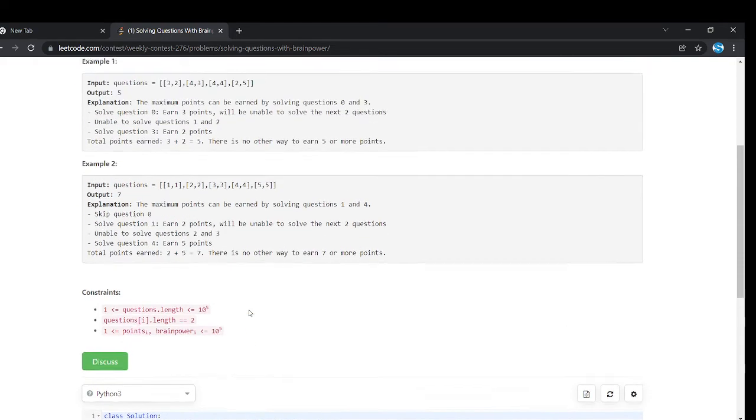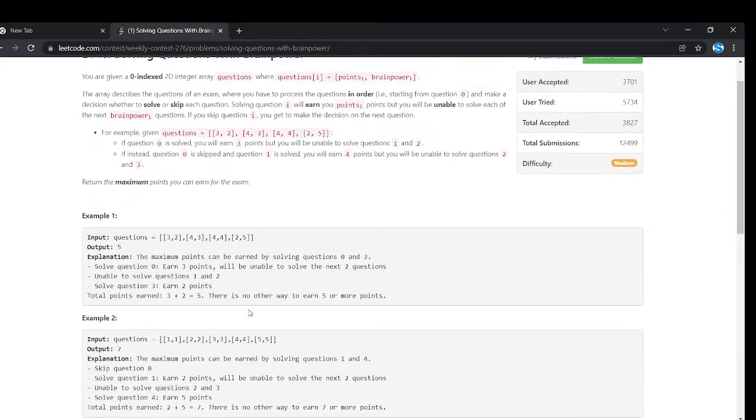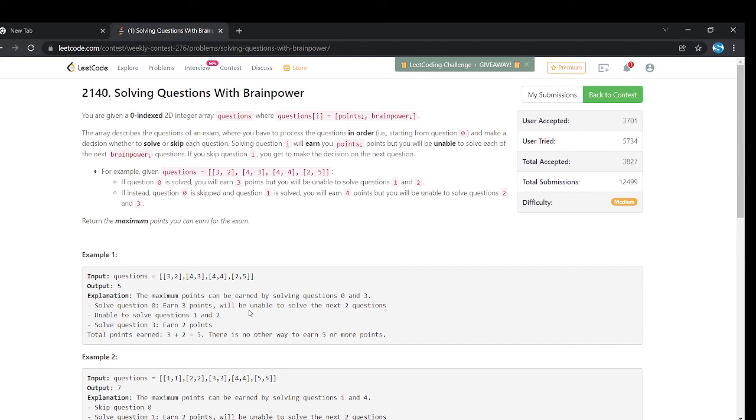So after reading this problem, what exactly comes to our mind? The first thing is that we need to consider those questions in such a way that it yields maximum points for us. Suppose we start from right to left.